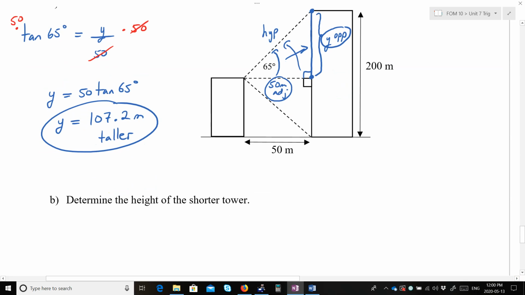Okay, so then in part B, determine the height of the shorter tower. That's going to be x right here, which would match up with this distance right here. Okay, so if the y is 107.2 and the whole height of the taller tower is 200, we would just subtract those.